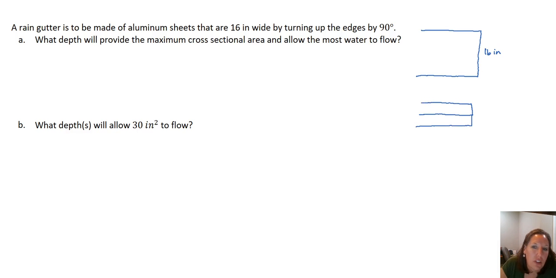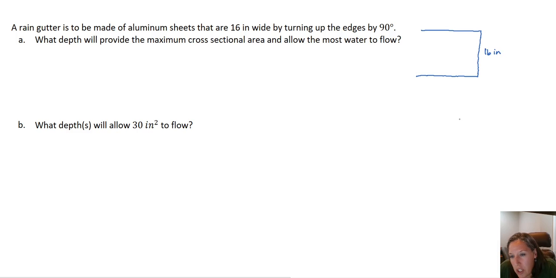So let me actually turn this on its side just a little bit. So we're going to be looking at it and we're going to have those edges we're going to fold up so that what we get is a rain gutter shape. And we know that the total we start with is 16 inches.